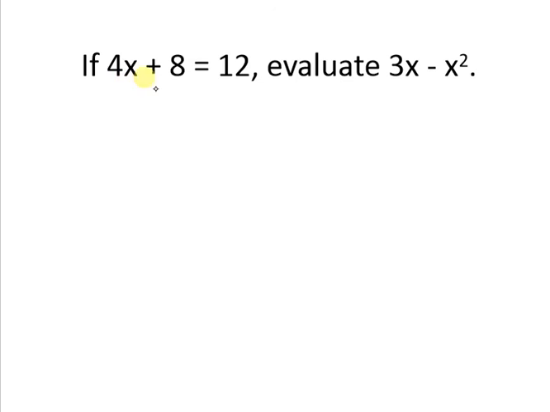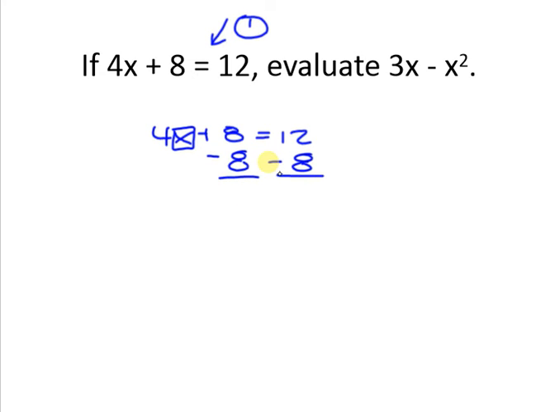Next one. If 4x plus 8 equals 12, evaluate 3x minus x squared. So find the equal sign. Here it is. We need to do this step first. 4x plus 8 equals, oops, not negative 12. It just equals 12. Again, this is a two-step equation. Minus 8, minus 8. 4x equals 4.